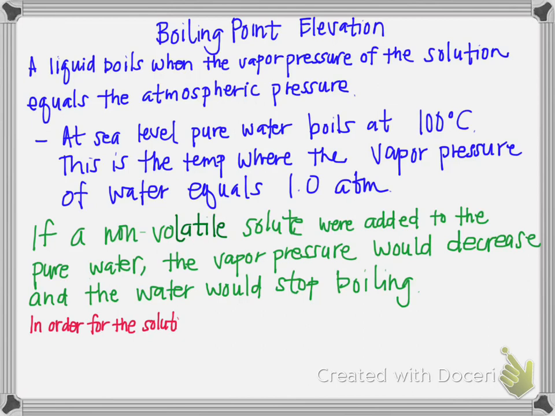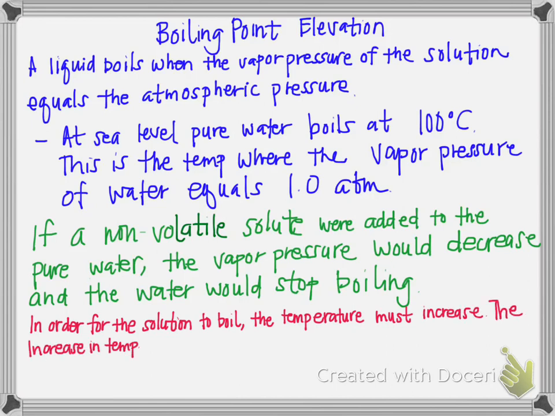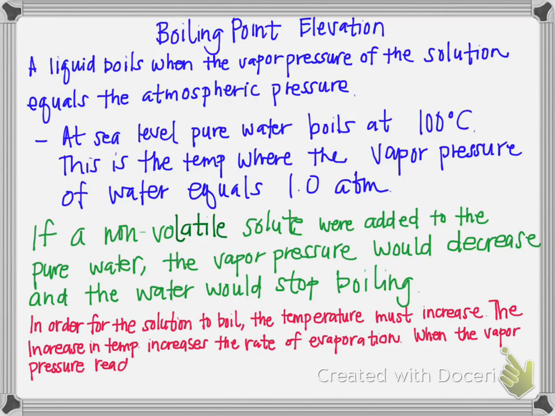So, in order to boil that solution with the non-volatile solute, now remember, a non-volatile solute is something that's not going to go into vapor very easily. So your ions, like NaCl, that's a real typical non-volatile solute.